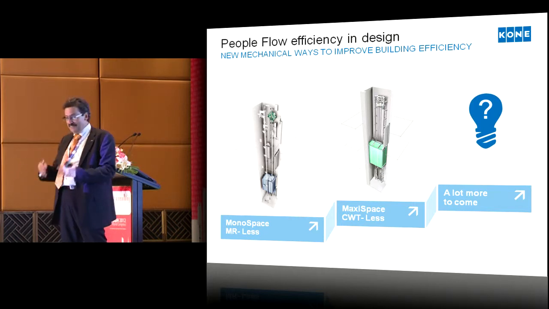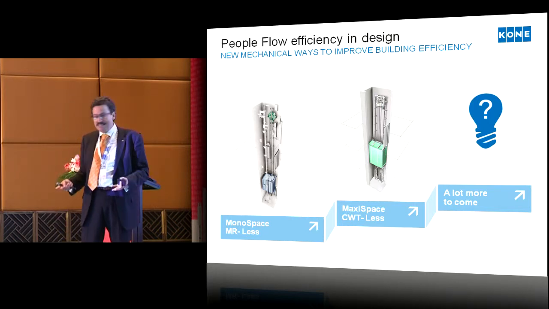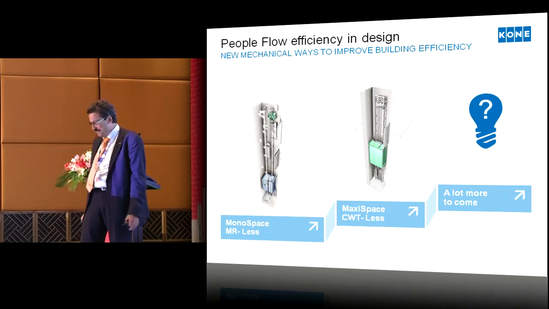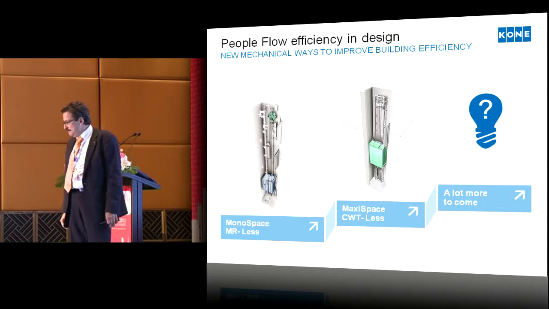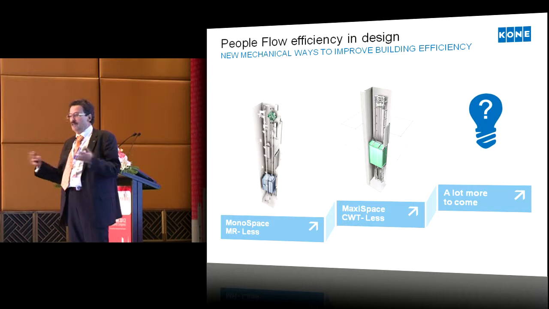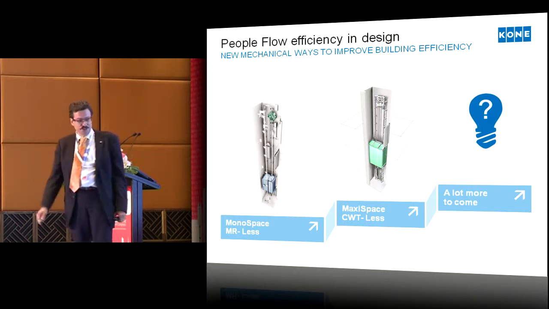Still, I don't think it is as efficient as putting destination control on a double deck. I believe it has more capacity than that, clearly more capacity. But that's one other solution that can solve certain problems in the industry. And you will see a lot more of these solutions coming out. I'm pretty sure every one of the companies is working on new solutions for the future.